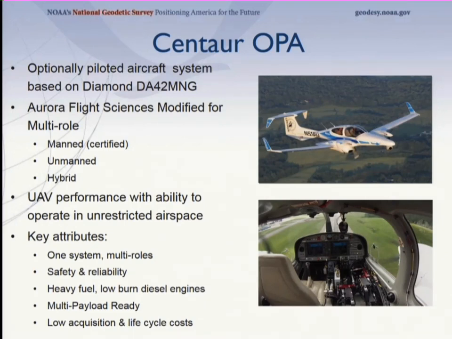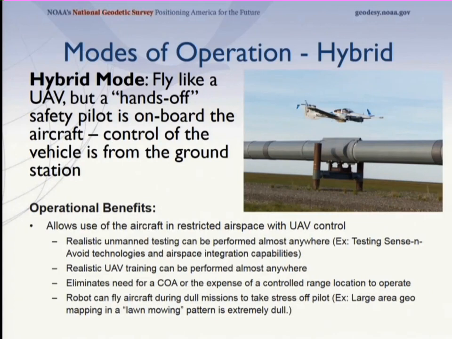And the concept was to put the gravity meter in that aircraft and fly it. But because of FAA rules, they were not allowed to fly it as a UAV. Had to fly it in hybrid mode, which meant it had a safety pilot in it. And the safety pilot's job was to make sure it did what it was supposed to. From what I understand, the safety pilot didn't have to take over during the flight.